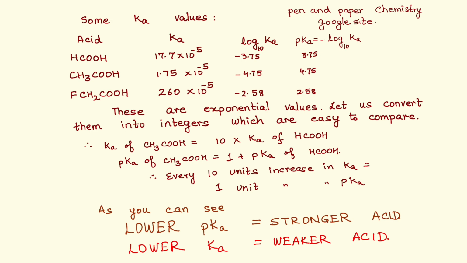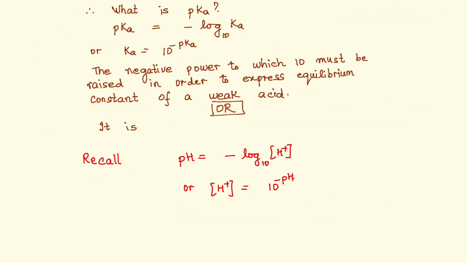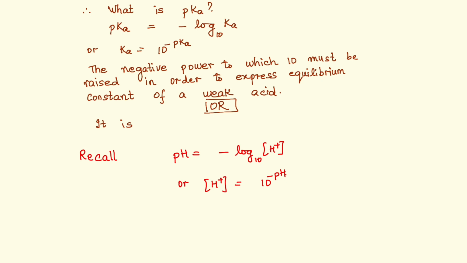In our previous videos, we've already spoken about Ka and pKa. How do we express, or on what basis do we compare the acidic properties of mineral as well as organic acids?